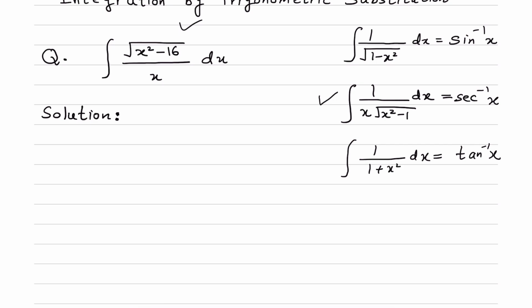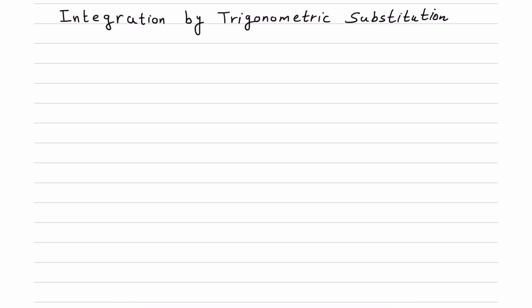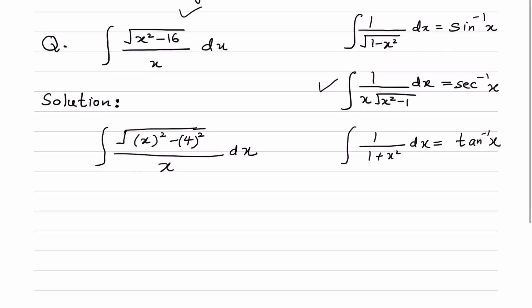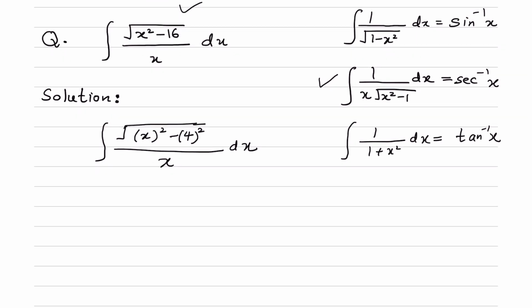So first rewrite your integral as the square root of x squared minus 16, and 16 could be written as 4 squared, divided by x dx. Now that we have decided that this is a secant trigonometric substitution problem, we will make the substitution.